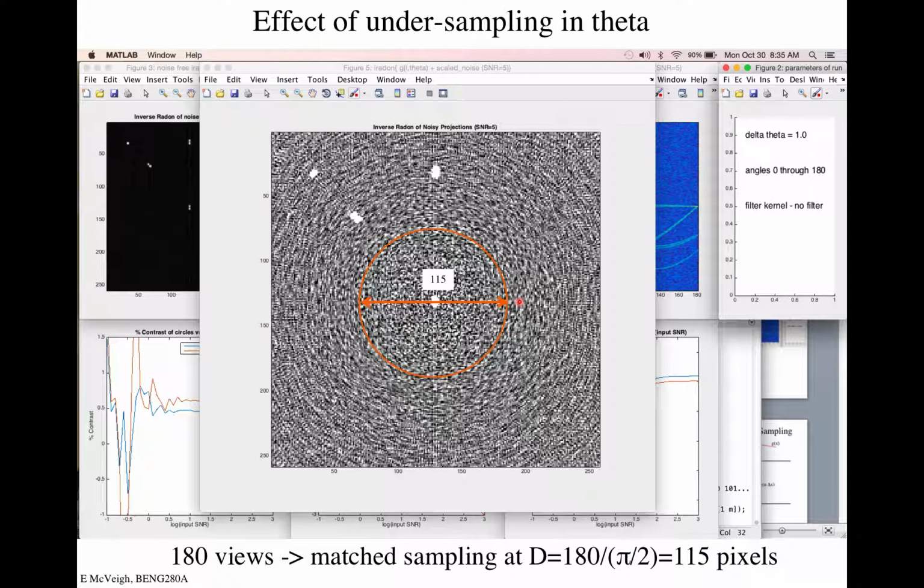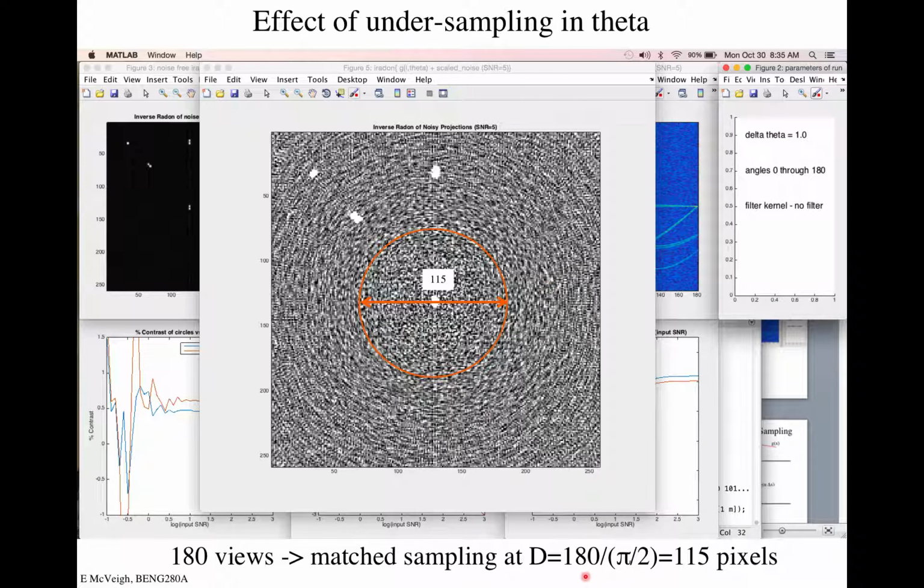And so it turns out, and we'll derive this, that once you know the number of views, you can determine the diameter inside which you're adequately sampled to not have aliasing, and outside that diameter, you'll have artifacts in the picture, okay?